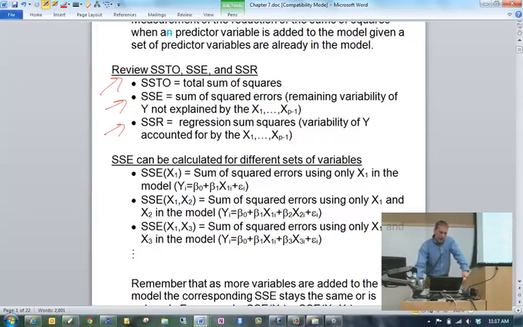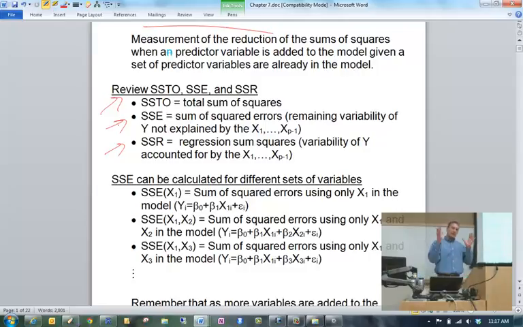Well, now what we're going to do is look at some other sums of squares to help us measure the effect of a particular predictor variable given some other predictor variables that are in the model. To begin with, we have to look at a slightly different notation.